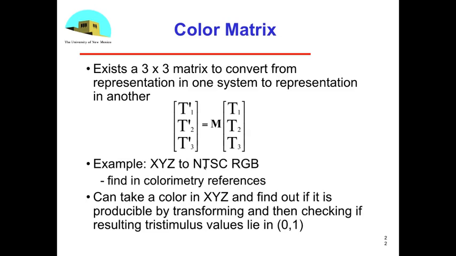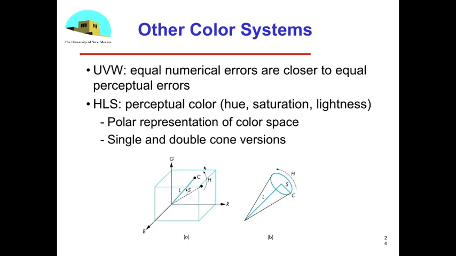So people came up with other systems to try and equalize out the errors, so that a 1-bit error was an equal error perceptually to the viewer.